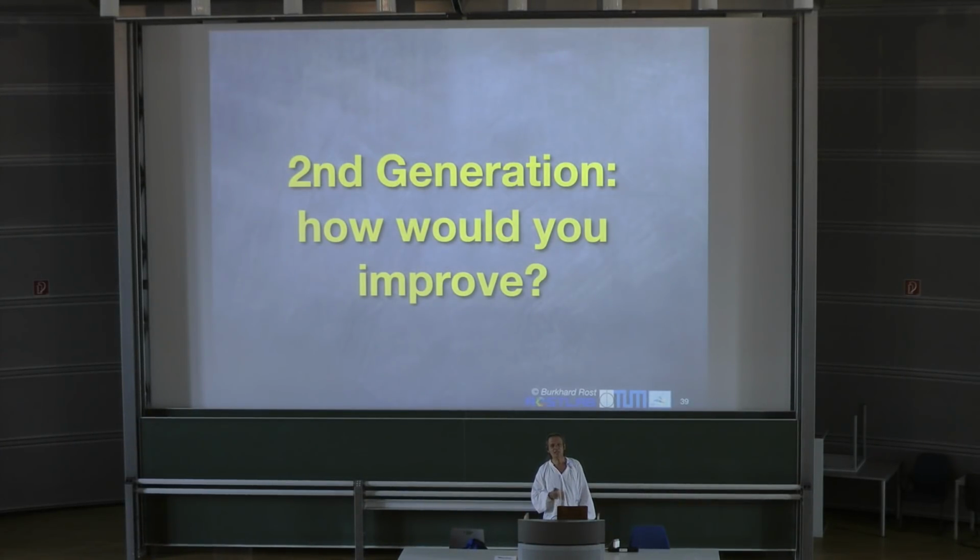Okay, that brings us to the next question. So far I talked about the first generation method, and on Thursday somebody already had an idea how we can get into the second generation method. The first generation method looks at the probability of an individual amino acid. It looks at the log odds table that I showed you.